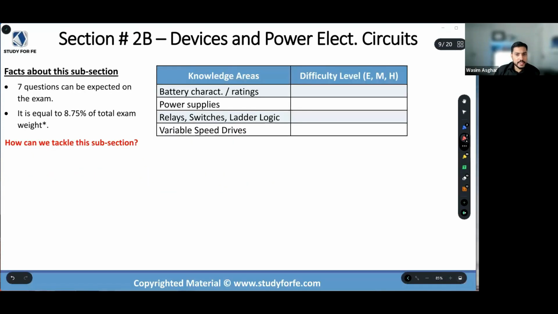Okay. Devices and power electronics. So back when the exam used to be open book, before December 1st, 2020, battery characteristics and ratings used to be a very vague topic, because either you go super deep in battery, and battery design, you guys know, is an evolving field of energy storage.